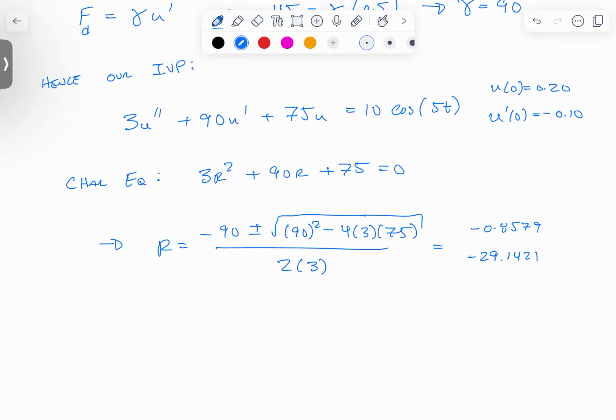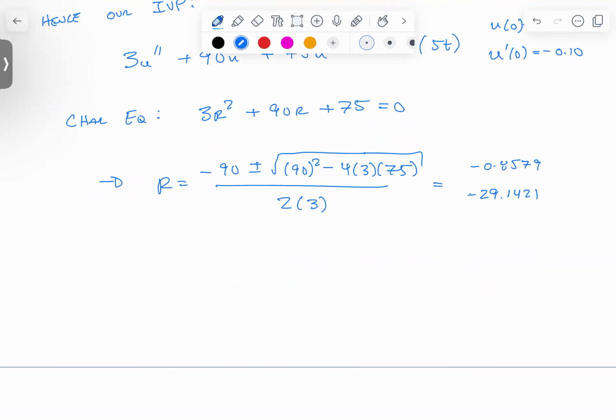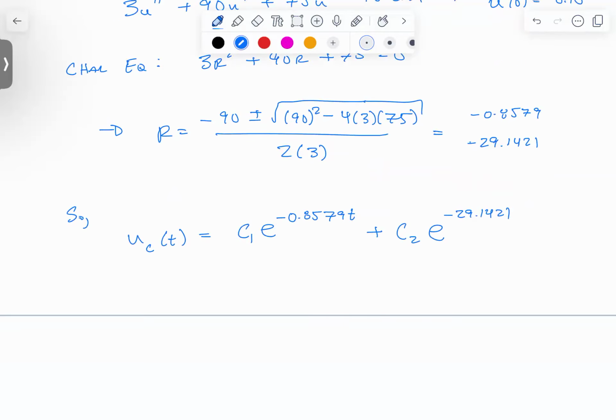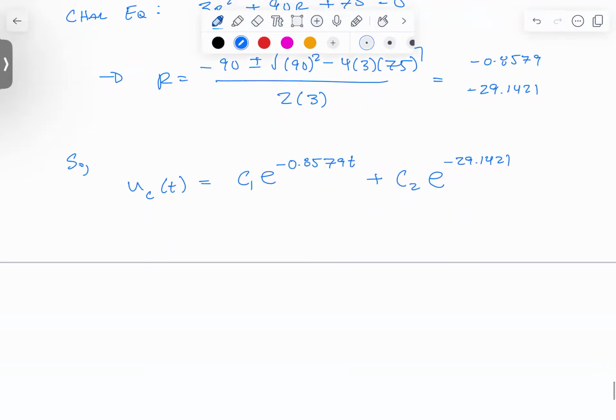Solve that down, it does not come out to nice numbers, but it does come out to distinct solutions. So our complementary solution. So this is back to identifying, again, the full way out.